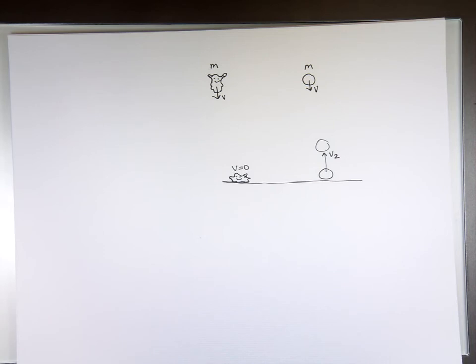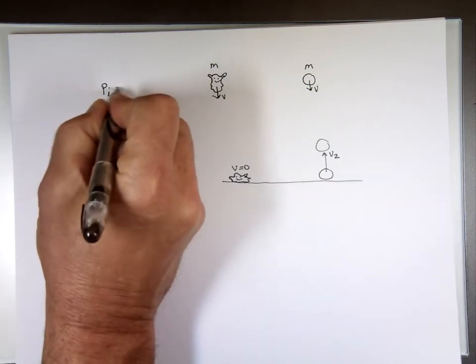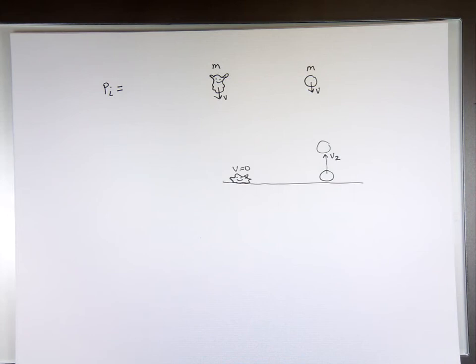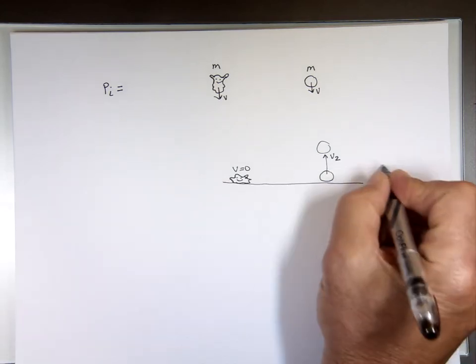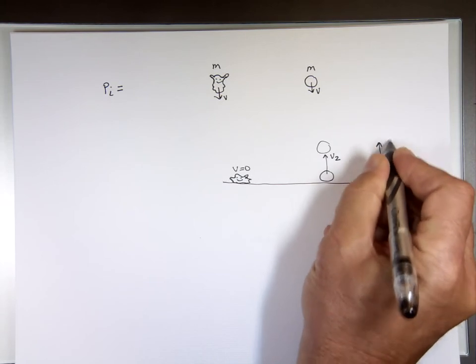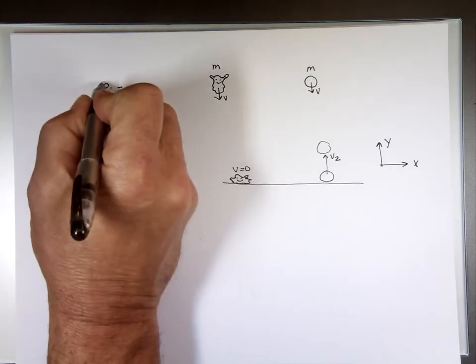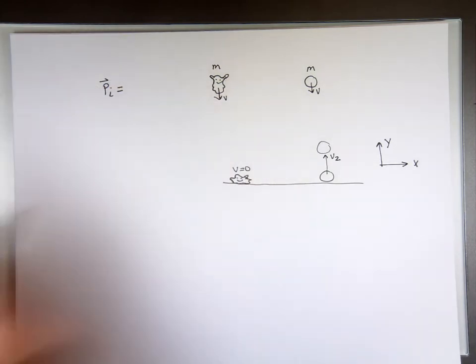So let's look at the initial momentum, P initial here. Now, you want to define up as positive or down as positive. Up is negative, it's up to you. I can use to the right is positive and up is positive. It's really up to you. The initial momentum for the bear here was what?